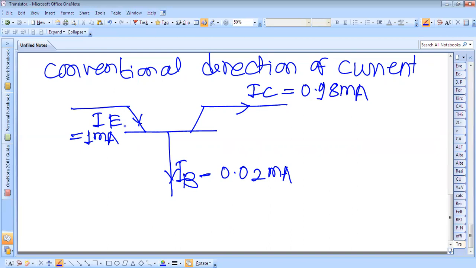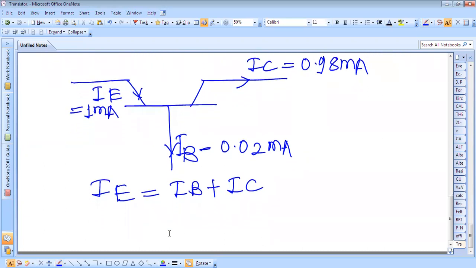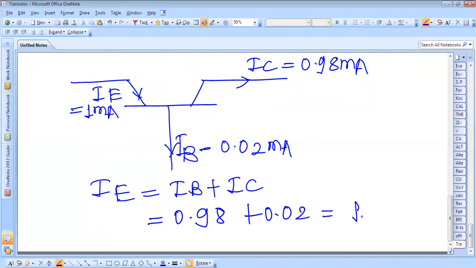The emitter current is the combination of base current plus collector current. By Kirchhoff's law, we can write emitter current is equal to base current plus collector current. So if the emitter current is 1 milliampere, and the collector current is 0.98 milliampere and the base current is 0.02 milliampere, the total is 0.98 plus 0.02, so this is 1 milliampere emitter current.